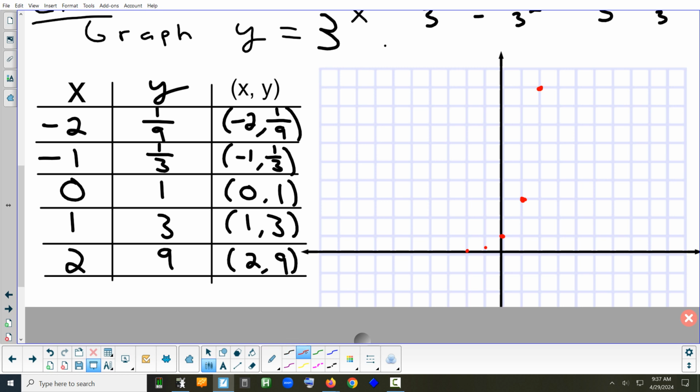All right, and now just connect your dots. So remember, this part is basically just going to stay very flat. And then as it approaches right, that's when it starts to curve. And it keeps going in both directions.